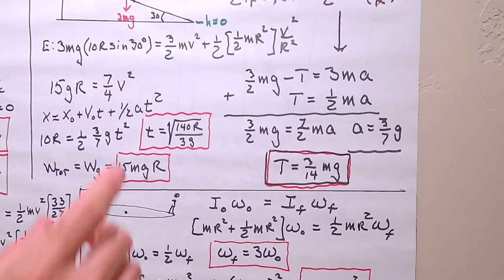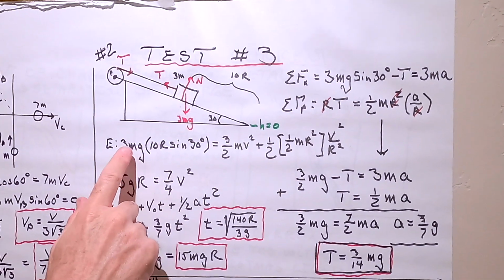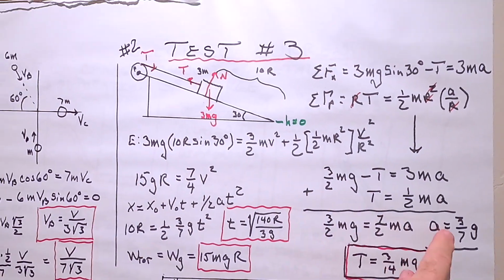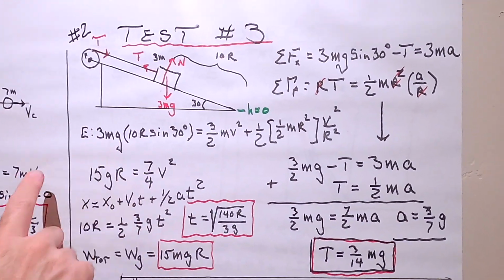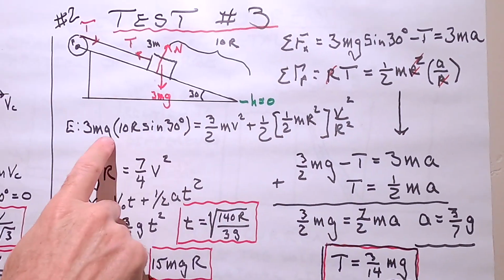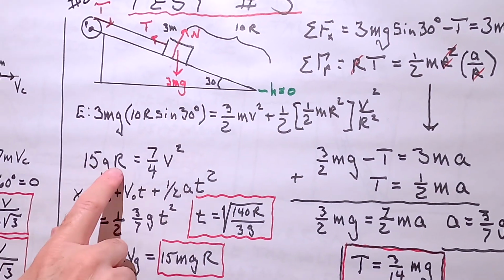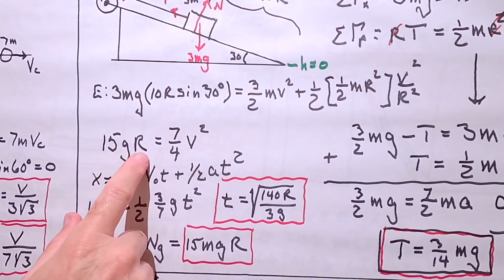Now I said the time for this thing to get down. Well, from this equation right here, we could just use the A right there, but we'll come back to here. This is 30 times 1/2, so it's 15. The M's dropped out, 15 GR.